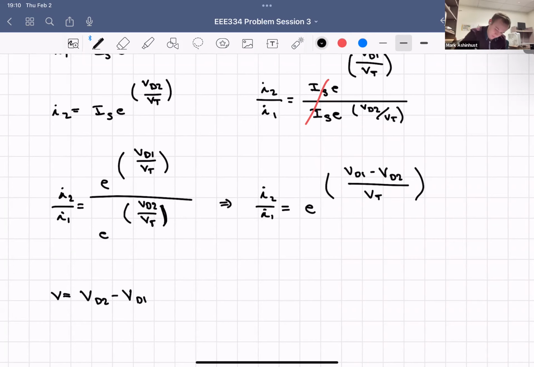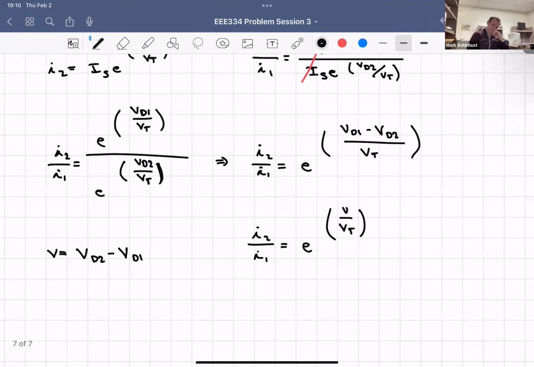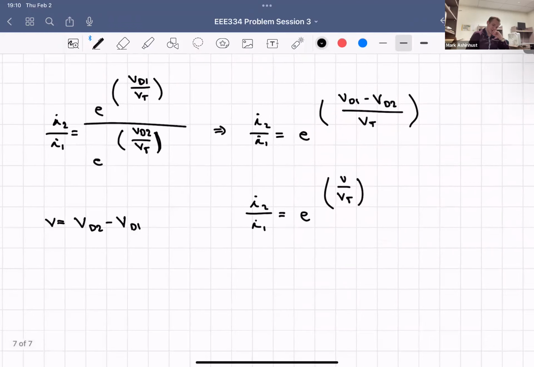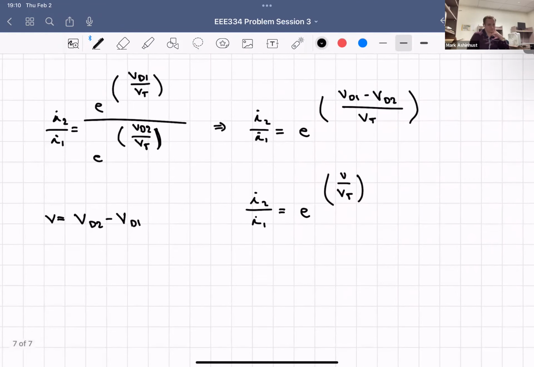So we could just put V in for that. So I2 over I1 is actually e to the V over VT. How do you get rid of e?